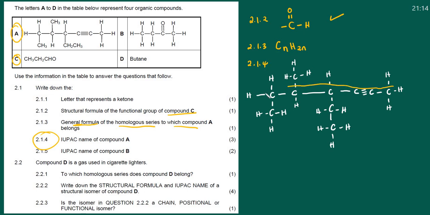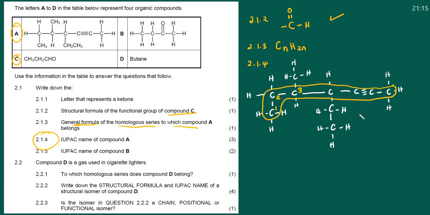Okay. Let's see. Oh, nice. So that is the longest chain. And very important, it must have your functional group. So now we can name, or rather number. When I'm numbering, if I say 1, 2, 3, I meet a substituent here, right? Please do not take this as a substituent. It's still part of the chain.